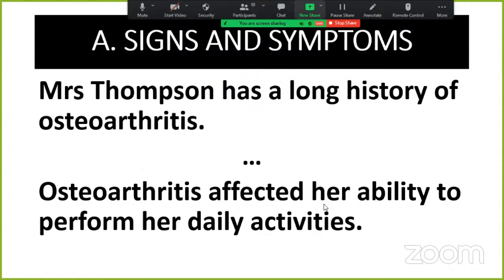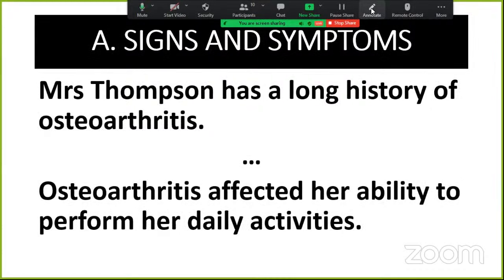Excuse me, sir. Yes, please. Sir, can we write Mrs. Thompson has a past medical history of osteoarthritis? Yeah, you can say. Okay, past means what? History. History means past. Why do you want to write past again?